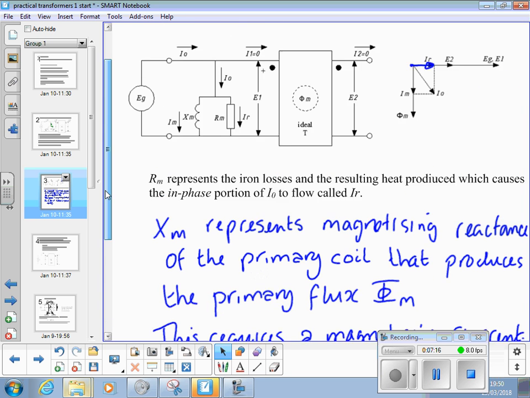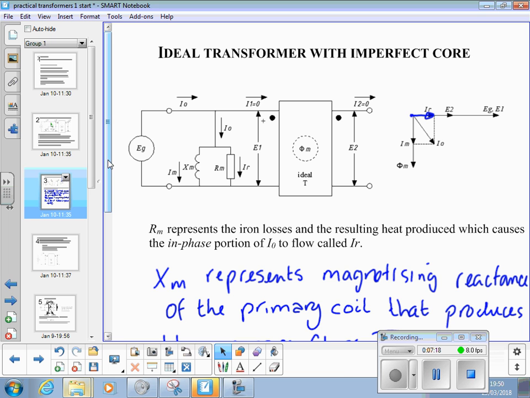So that is this current down here. The two together gives us the total primary current I0 flowing in there.